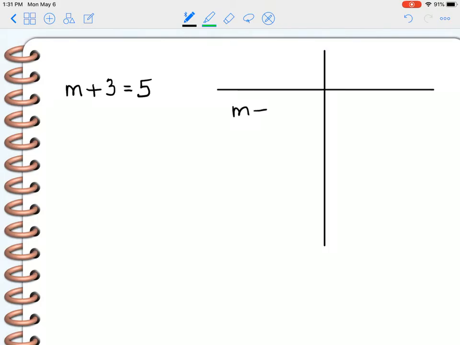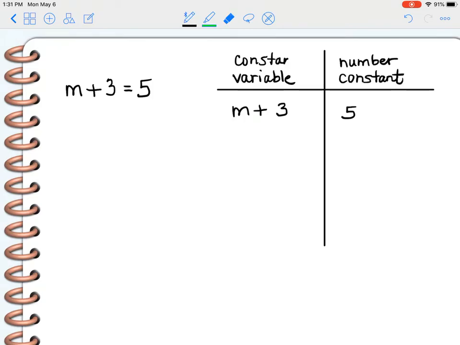So let's say M plus 3, that's an expression. 5 is a constant. So this is the constant side of the problem. This is the number side. And probably for this video, I will use number and letter also. And then after that, I will only use variable and constant, because I want you to learn the real names for these. Letter is what I'm trying to say.